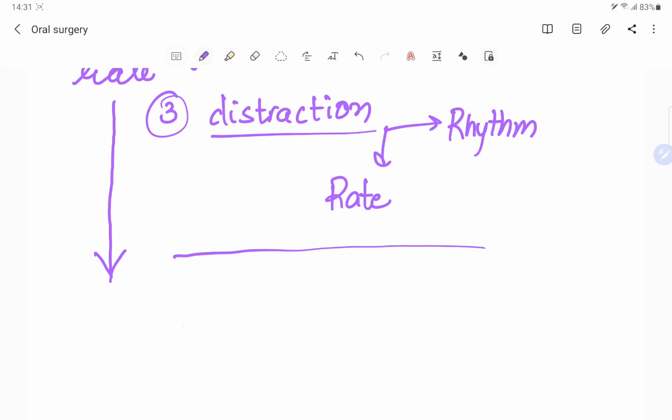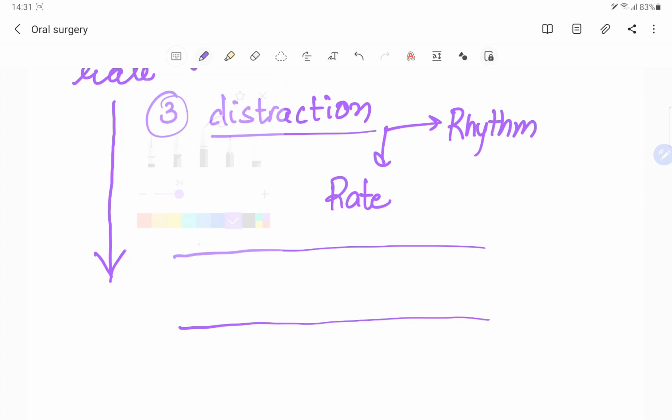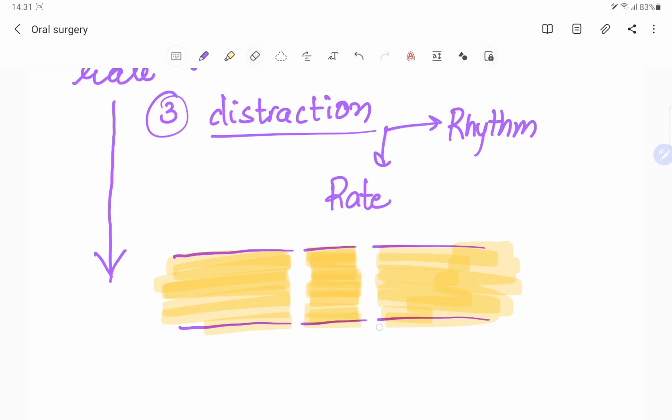So up till now we have prepared the osteotomy. Let's make it again. So this is the osteotomy which we have prepared, guys. We are taking this particular fragment in this direction.